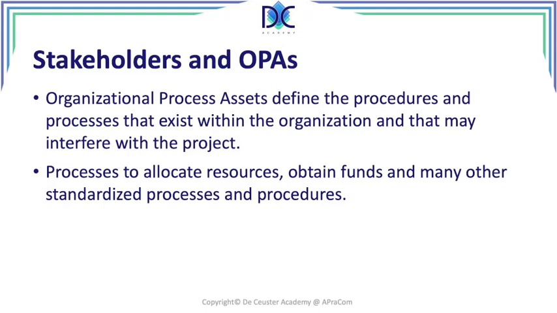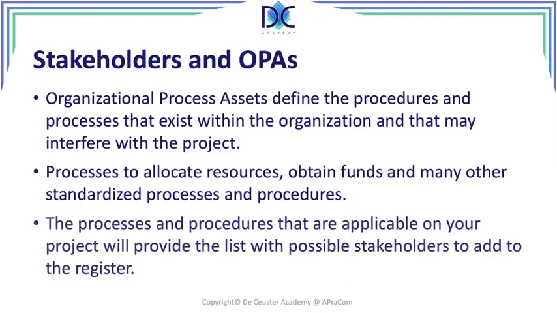You have to understand those. You have to get the resources for your project. You have to obtain the funds and all the other. You have to do procurement. All these things are described in the organizational process assets. We have all those processes and procedures, and it will also provide you a list with stakeholders that you have to add to the register.